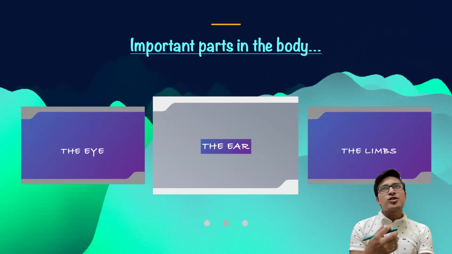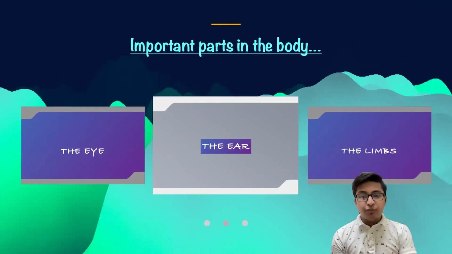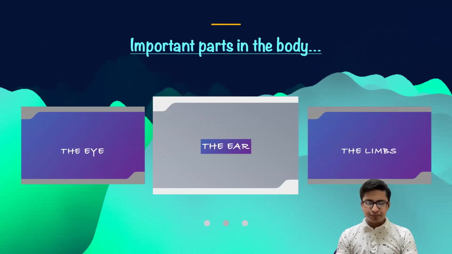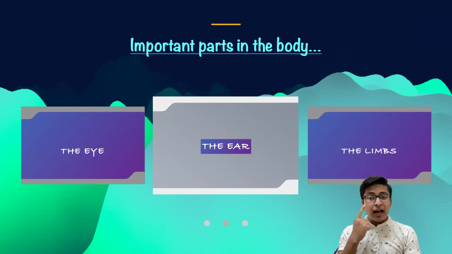Now, what are the most important parts of a human body if we see from outside? What are the most important parts we can say? We can say our eyes are very, very important. One of the most important organs, right? We see the sense organs we study in our childhood, our eyes, our ears for the auditory purpose, right?